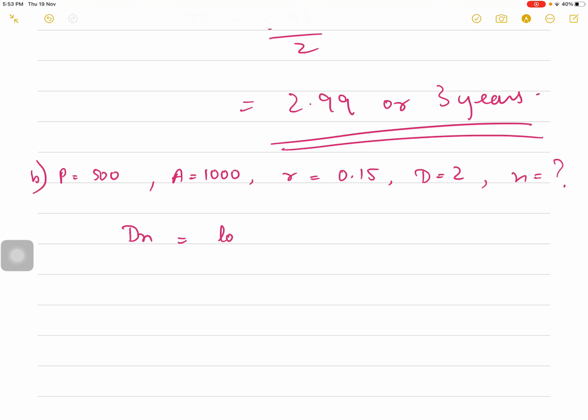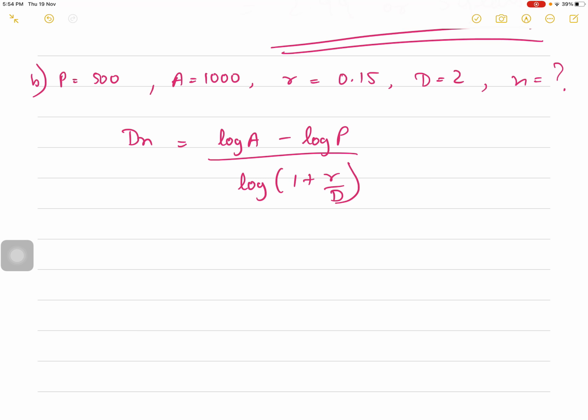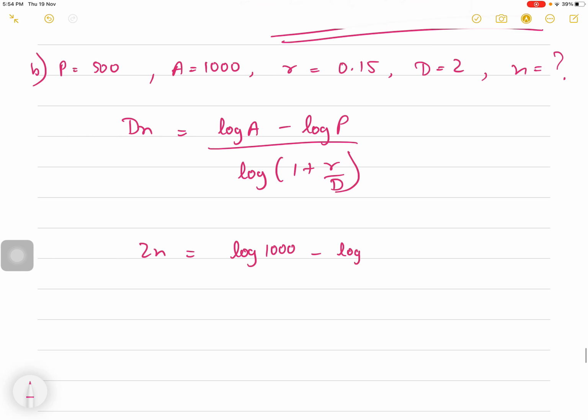Formula, you know, Dn is equal to log A minus log P upon log 1 plus R by D. So 2n is equal to log 1000 minus log 500 divided by log 1 plus 0.15 divided by 2.